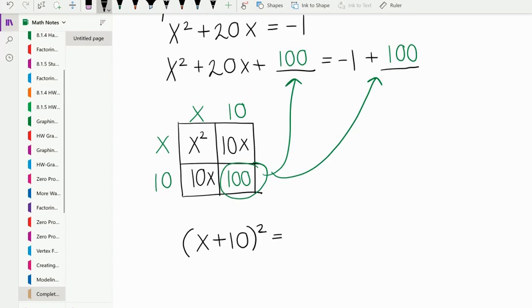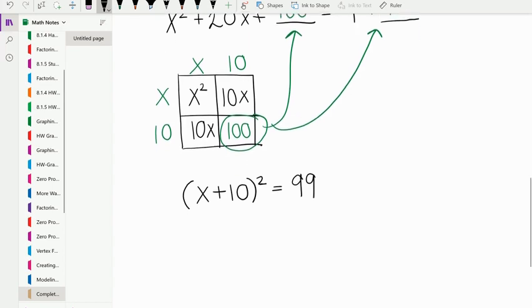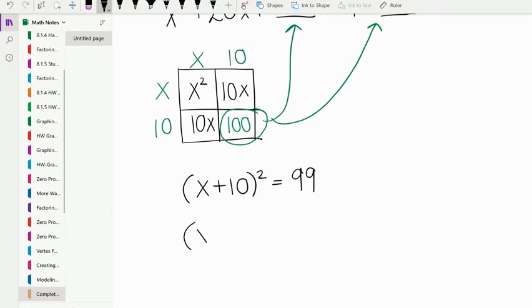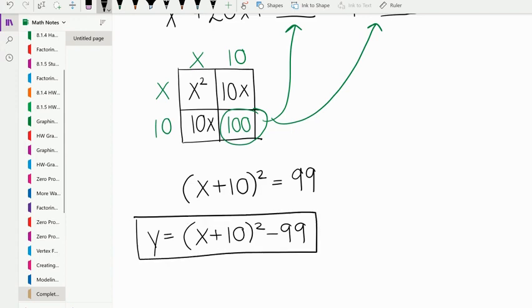Okay, then you get -1 plus 100, which is 99. And remember that last step is to move it back. So x plus 10 squared minus 99, and this is y equals. And so now we have it in vertex form. If I ask you to find the vertex, we could easily do that. Remember, it's the opposite of 10, so -10 and then -99.